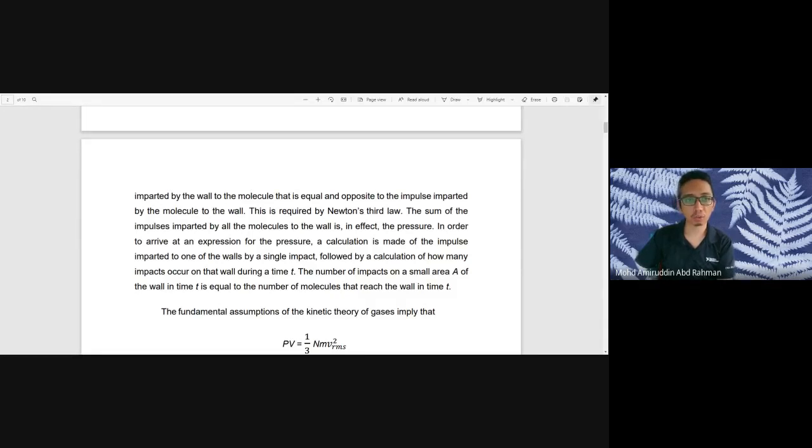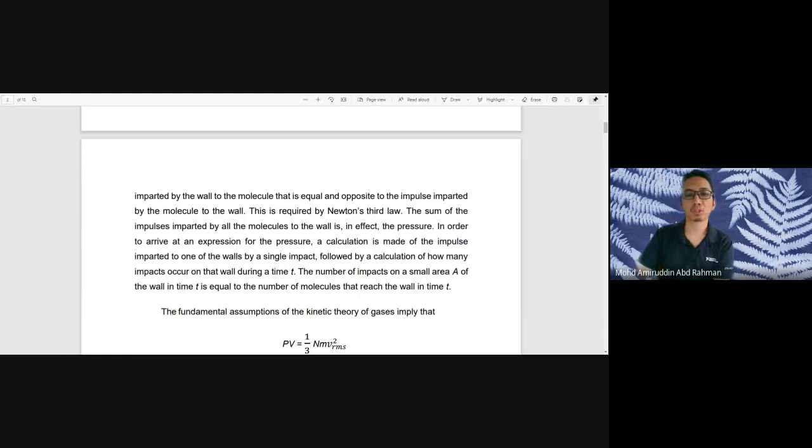In order to arrive at an expression for the pressure, a calculation is made of the impulse imparted to one of the walls by a single impact, followed by a calculation of how many impacts occur on that wall during time t. After this experiment, you will see that whenever molecules hit the wall, there are changes in the pressure.